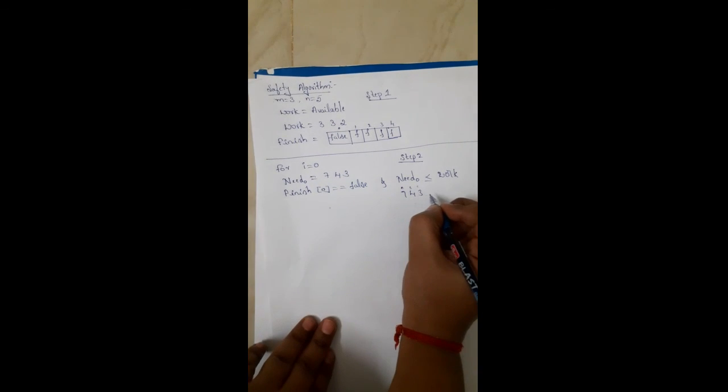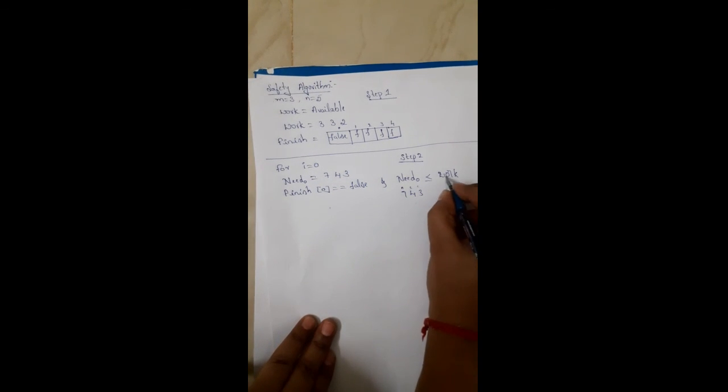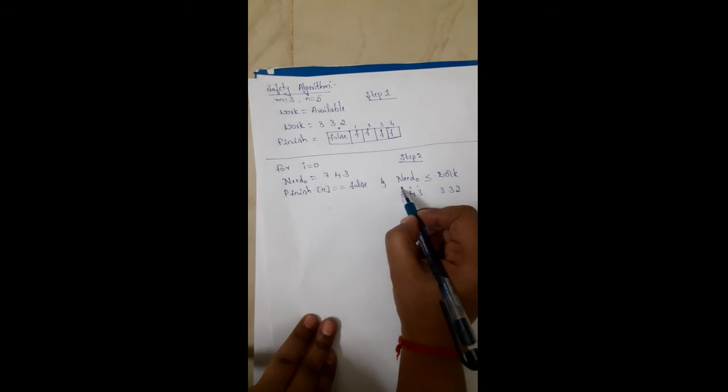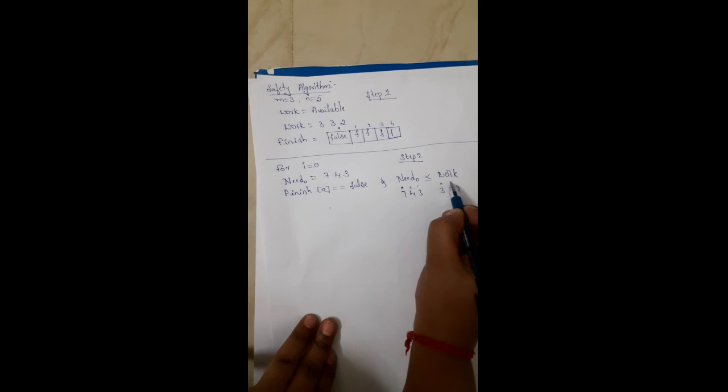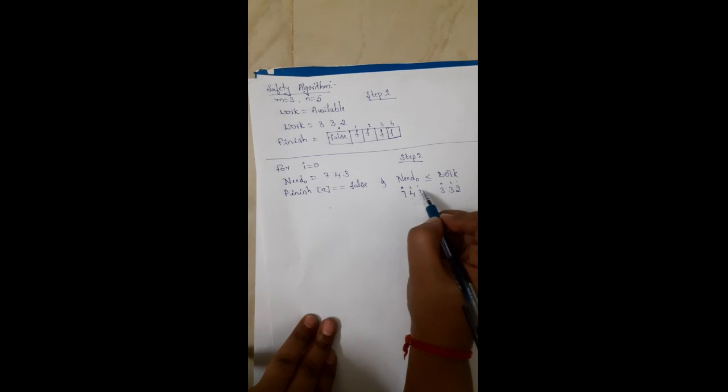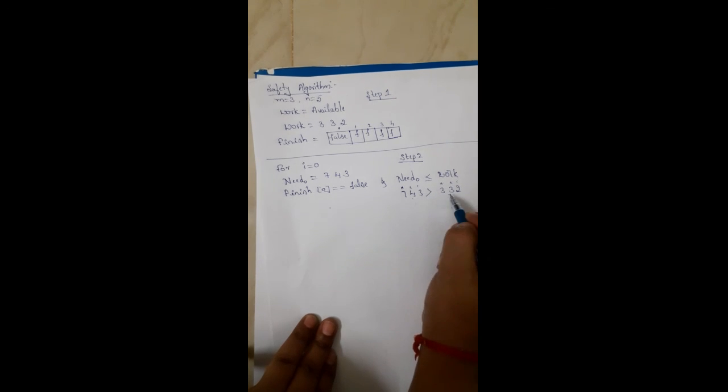Need is 743 and work is 332. Is need 0 lesser than or equal to work? Is this A, B, C? The A value is greater here, the B value is greater here, the C value is greater here. So obviously need is not lesser than or equal to work. Need is greater than the work here.